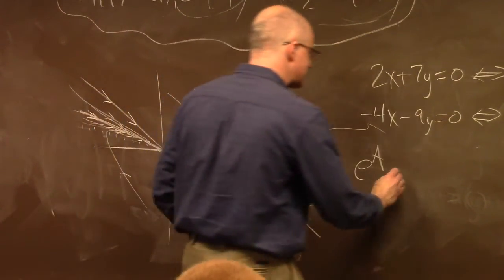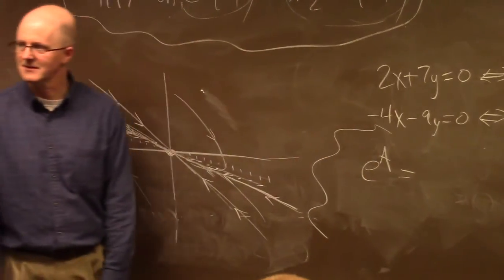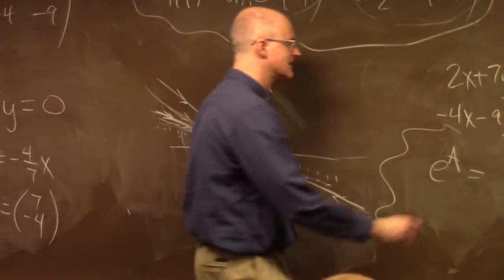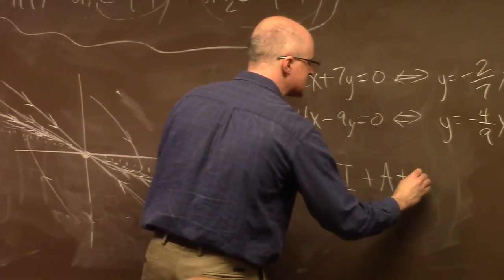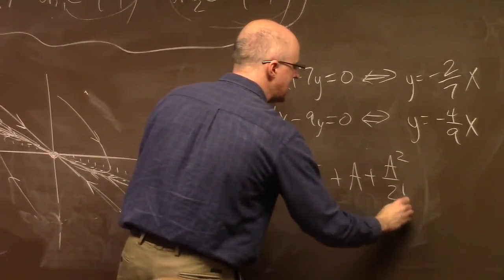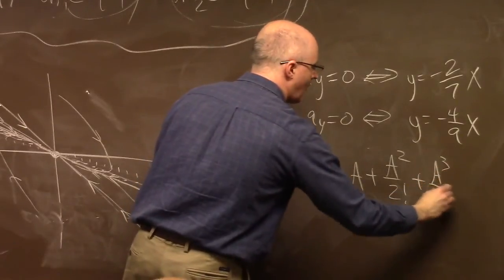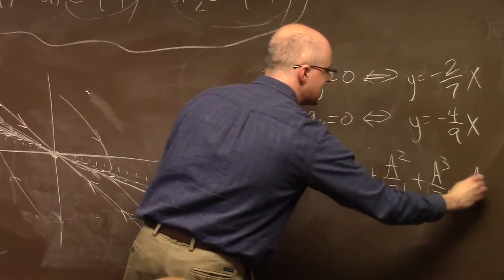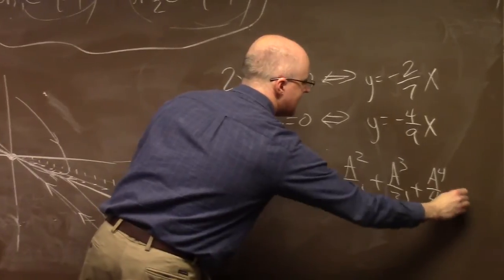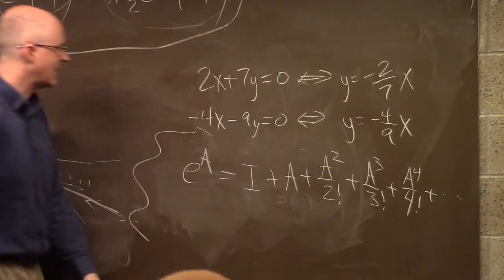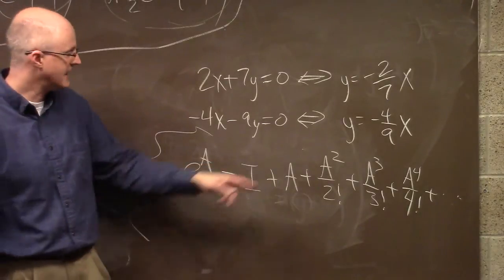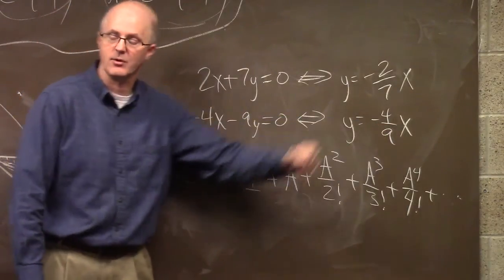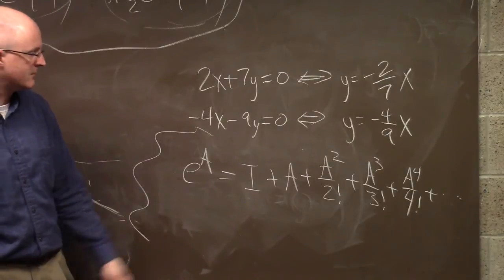Turns out the way to make sense of that is with a Taylor series. Without going into detail about exactly what this Taylor series means or how it's computed or how you know it converges, you can take any given square matrix, like our matrix A there, and square it, cube it, raise it to the 4th power, etc. You can multiply it by scalars.